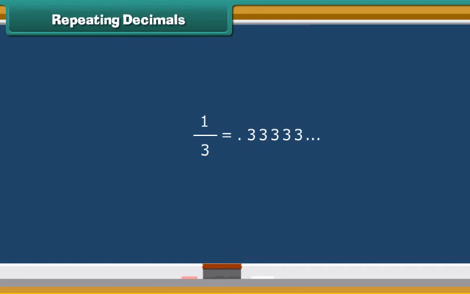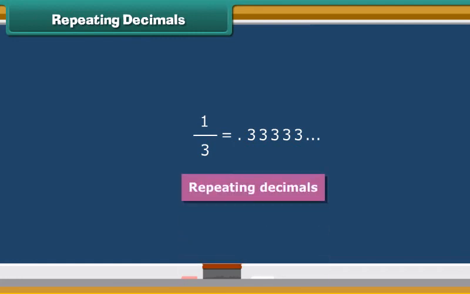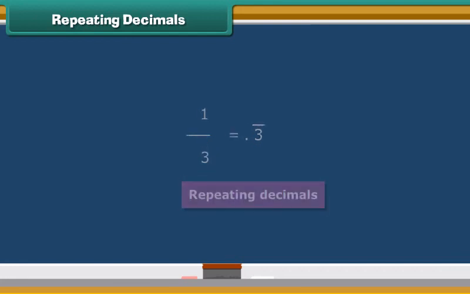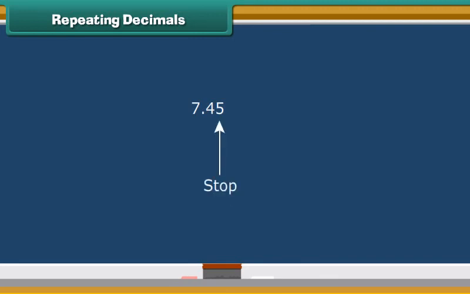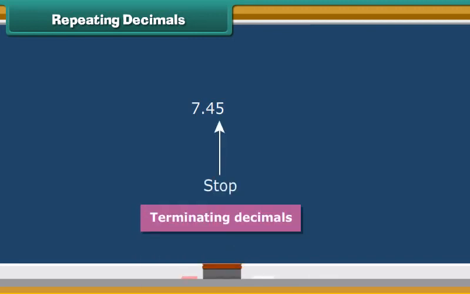So these decimals are termed repeating decimals. You can round off the number, but it is more accurate to put a line over the last number. This line indicates that the number keeps on going. And the decimals that stop are called terminating decimals.